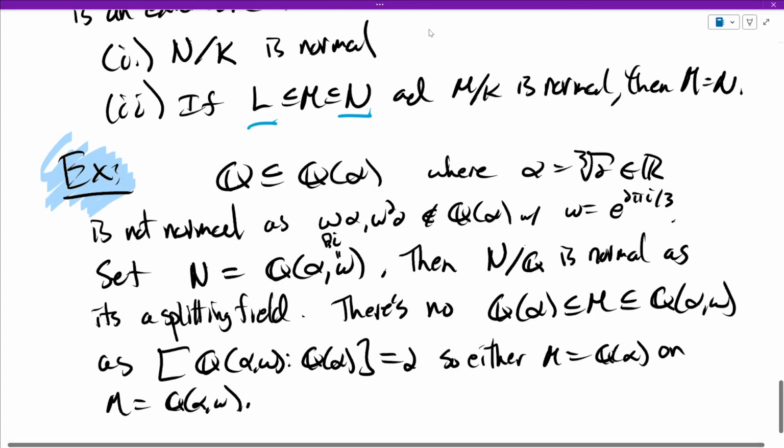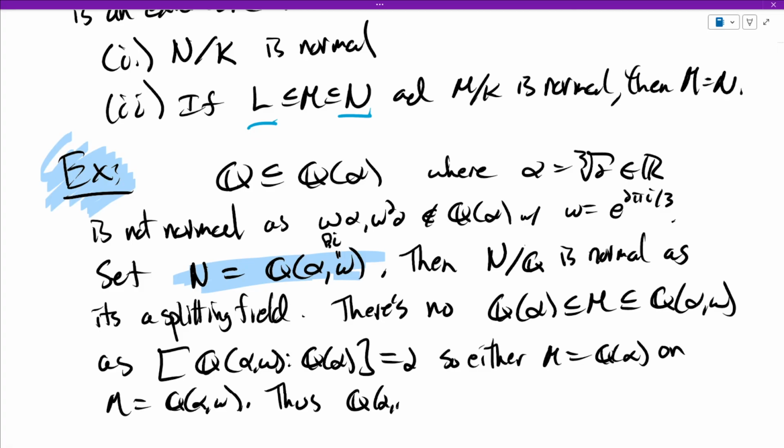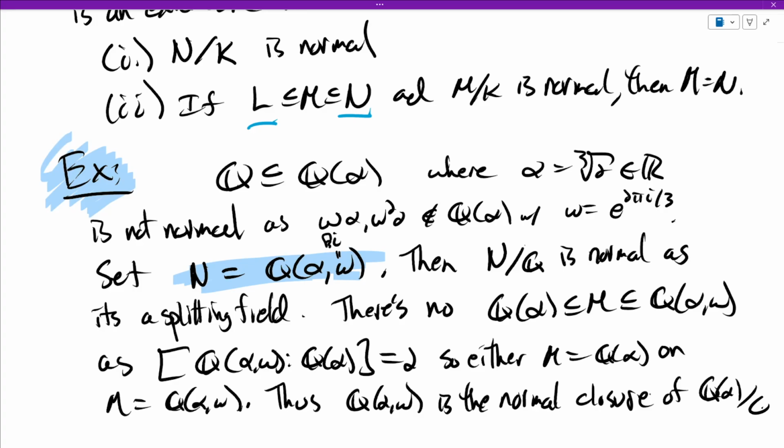So our normal closure is right here. Let me write it out. Q adjoin alpha, omega is the normal closure of Q adjoin alpha over Q.